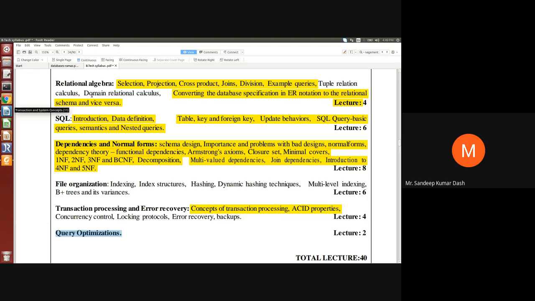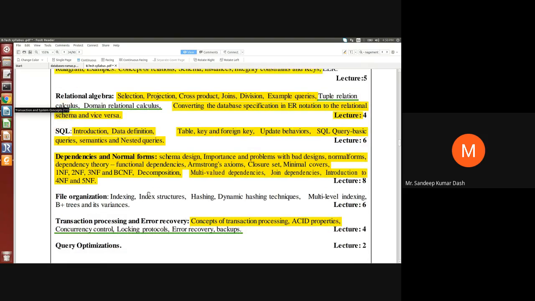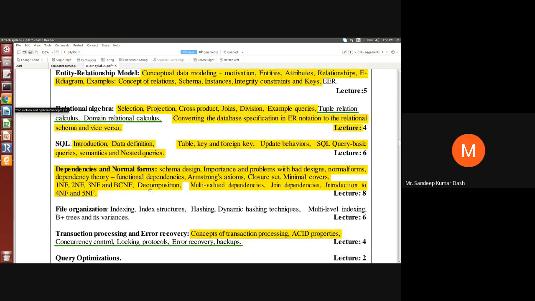Then tuple and domain relational calculus. These parts are also left. We'll see these parts. Okay. So that's it for today. All of you can disconnect.